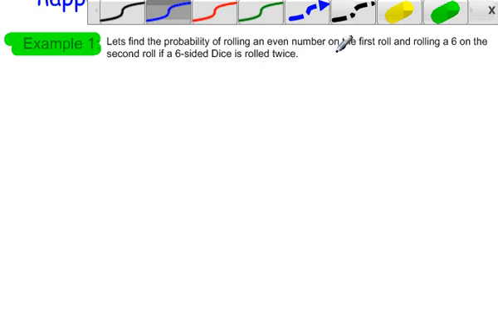The probability of rolling an even number would be 3 over 6. So we would say probability even equals 3 over 6 or 1/2. Alright? That's my first roll.